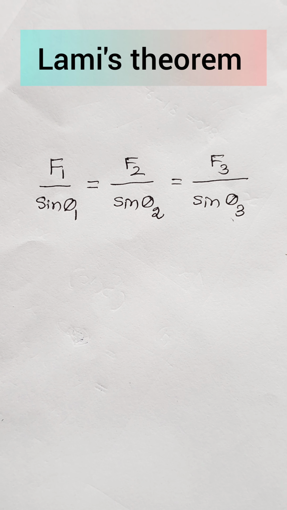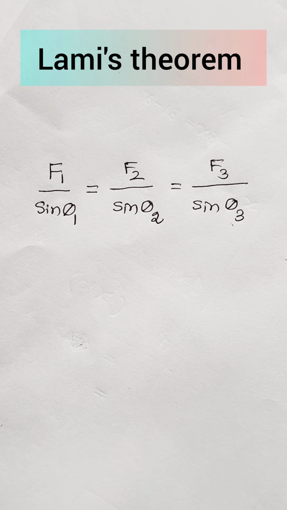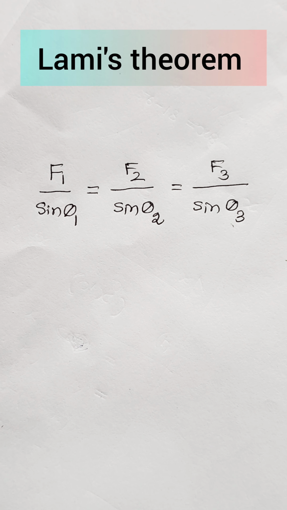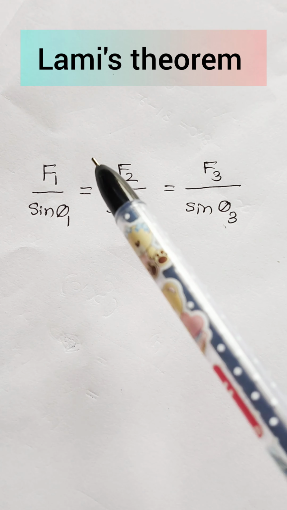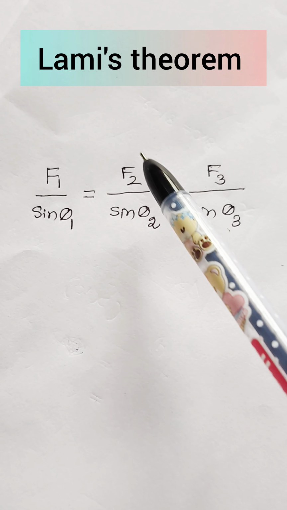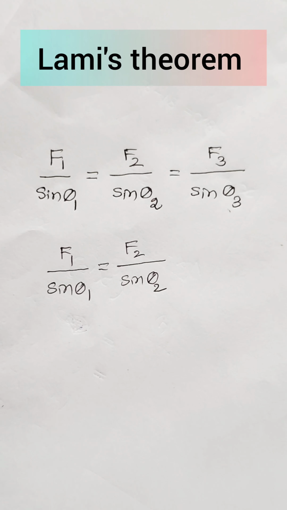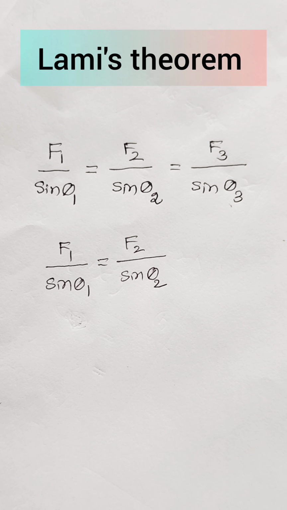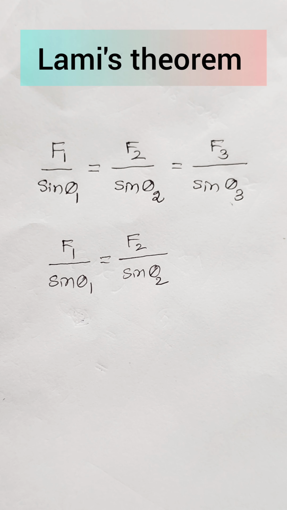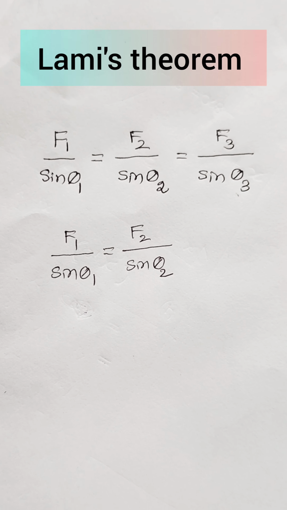To estimate the F2 value in terms of F1, considering this part of the Lami's equation, we can write a separate equation as F1 by sine theta 1 equal to F2 by sine theta 2.